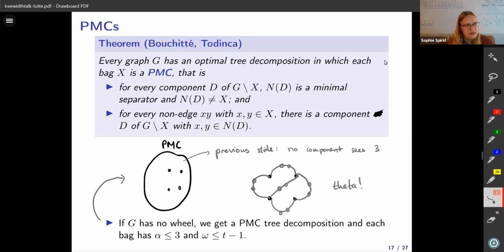And for our purposes, it's enough to know that each 3D composition can be built from PMCs, and that if we have a PMC and it has a large stable set, in fact 4 vertices are enough, then at least one of them is a wheel center.